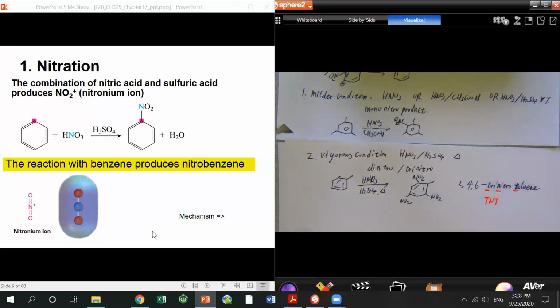Yeah, that's TNT. Very explosive chemicals.